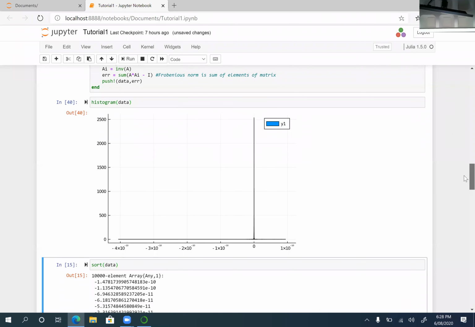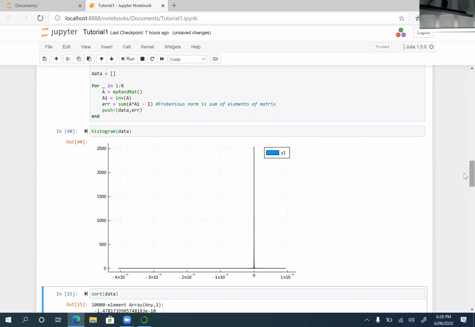Okay, now what we see is a very, very sharp peak with a height somewhere around 2,500, and it seems to be centered over 0. So this is saying that most of these Frobenius norms are very close to 0, but they're probably not equal to 0. In fact, you can see just how close they are.